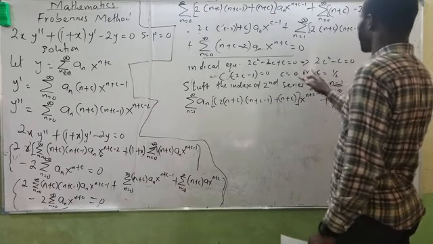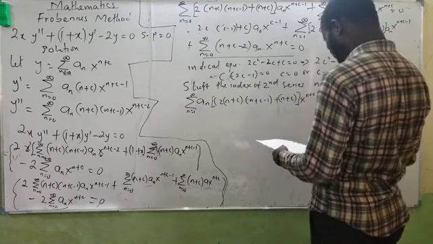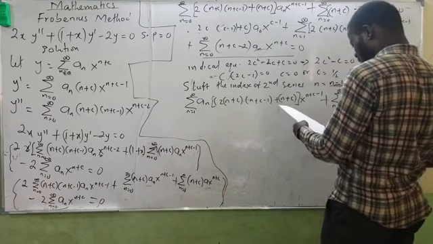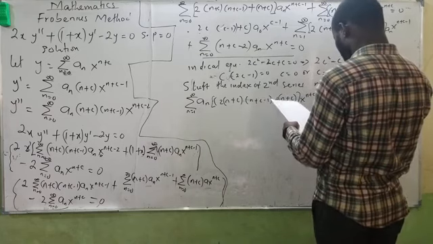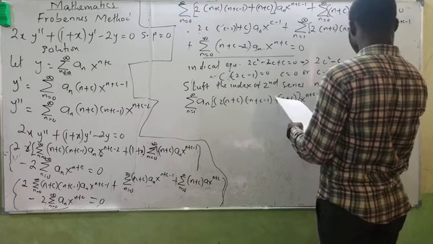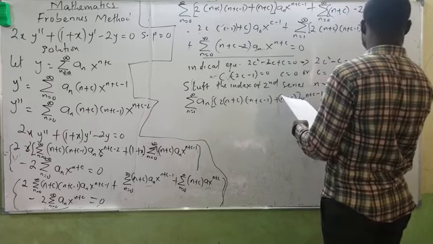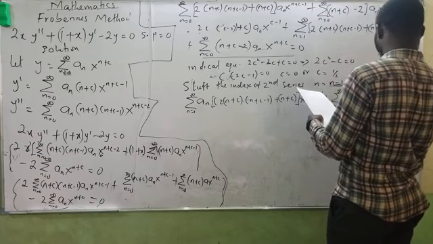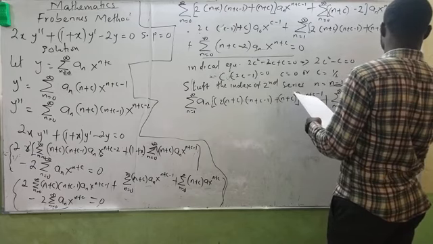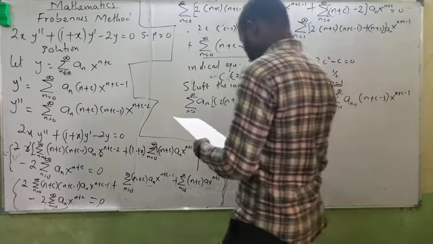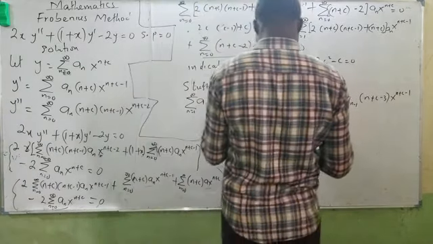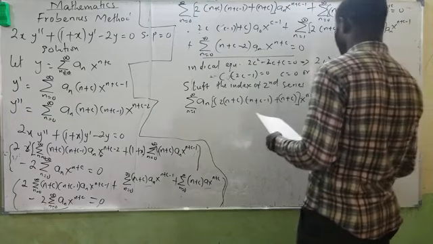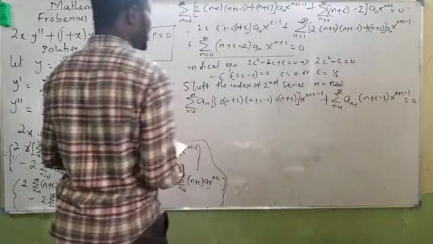It will be bracket of n plus c minus 3, and this one will be x n plus c minus 1, S n plus c minus 1. That is what we are talking about, which will be equals to 0.